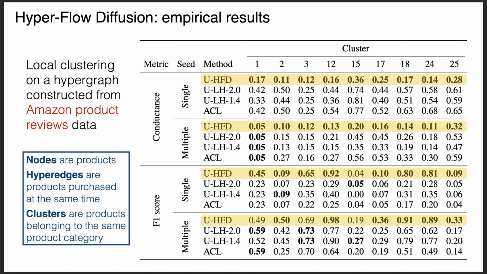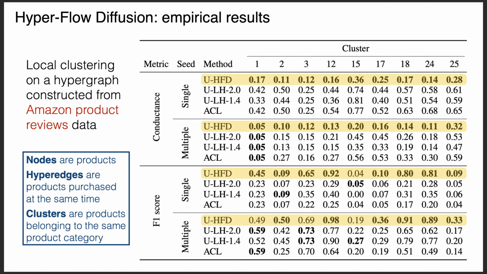Now let's look at some empirical results on real hypergraphs. The first hypergraph is constructed from Amazon product reviews data. The table summarizes the median results for local clustering on a number of different clusters. There are two versions of LH. One is linear and the other is nonlinear. In our experiments with real data, we compare with both linear and nonlinear versions of LH.